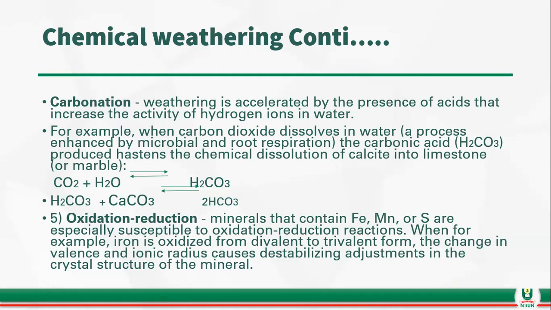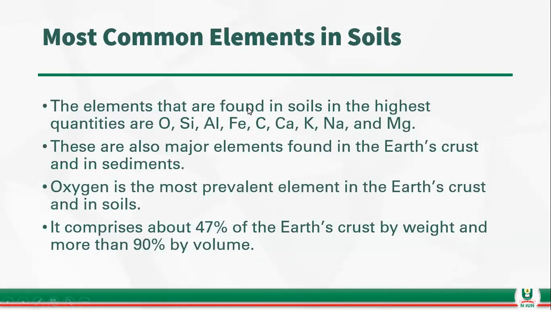Then if it's trivalent, it is iron Fe, then +3. So the change in valence and ionic radius causes destabilizing adjustment in the crystal structure of the mineral, and it has a whole lot of effects in this soil.